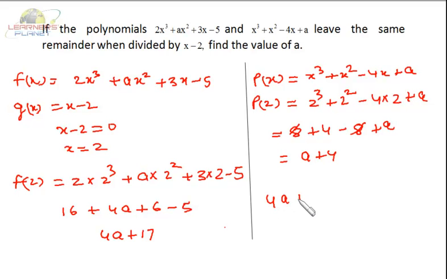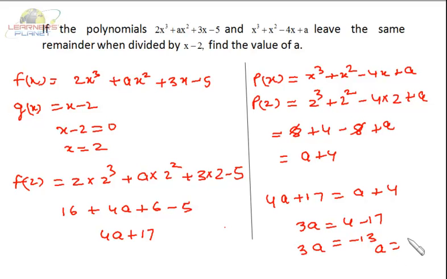So 4a plus 17 is equal to a plus 4. That means 3a is equal to 4 minus 17, that is minus 13. So a will be minus 13 by 3. Okay, it's very simple to calculate the value of a in this case. Let's do one more problem.